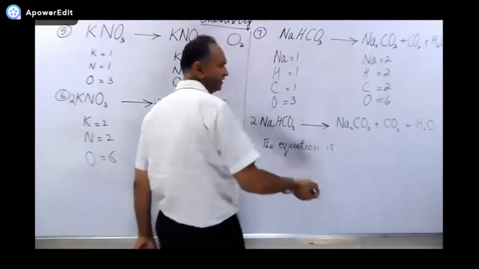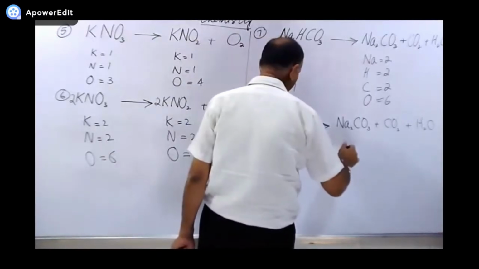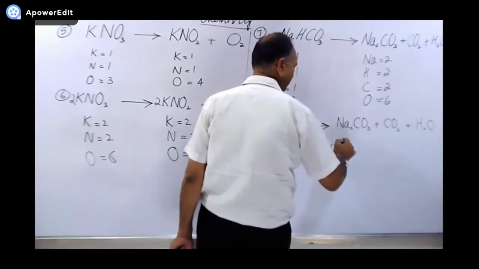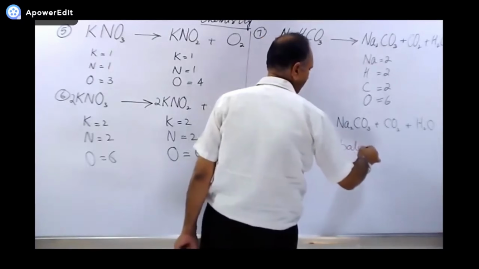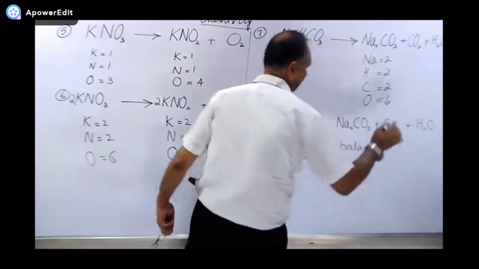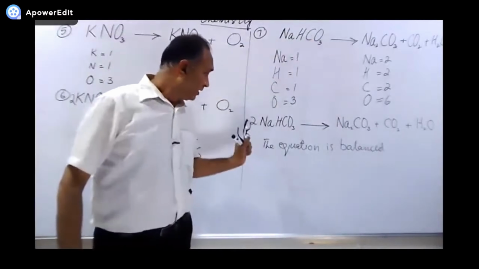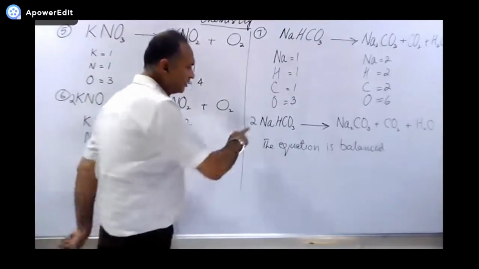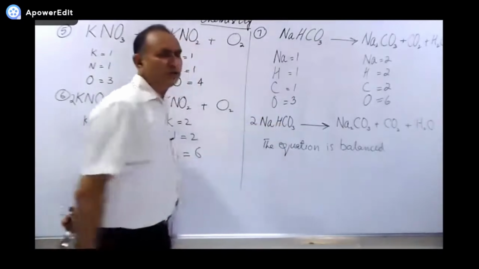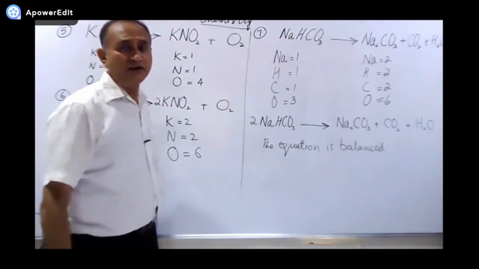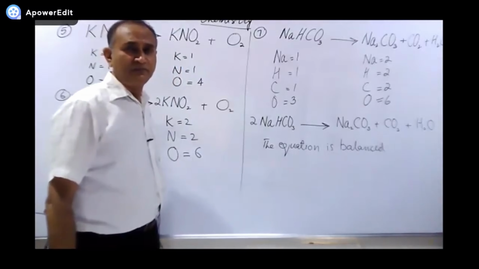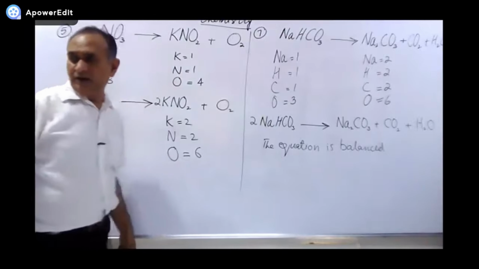You can write this at the end of each balanced reaction. As I told you, just write two over here and the whole thing will become in order. All right?